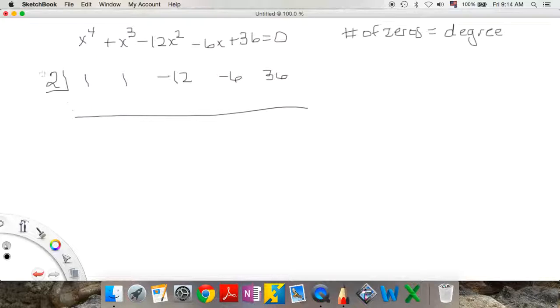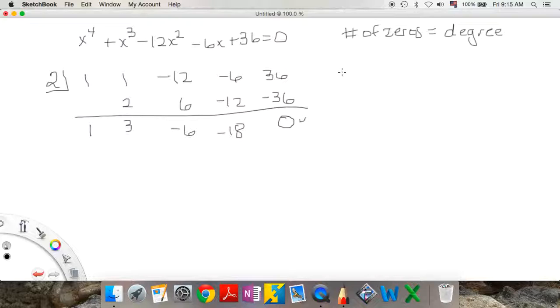So we use synthetic division to check and see if it works, because we know that it's a 0 if, when we divide, we have a remainder of 0. So the goal is to have a remainder of 0. You want to make sure this ends up with a 0. So we do our synthetic division: bring the first one down, multiply, add, multiply, add, multiply, add, multiply, add, and yes, it's 0, so that means it works.